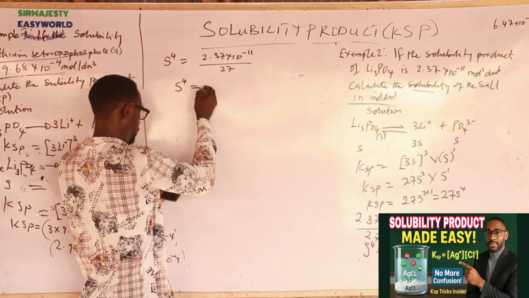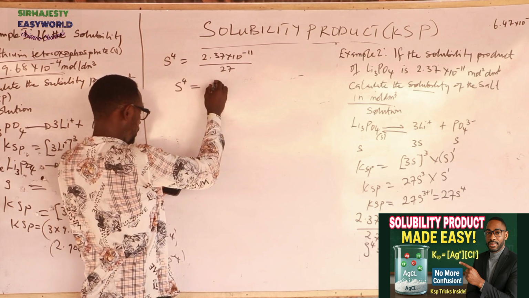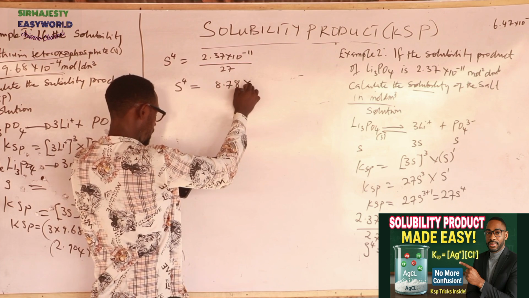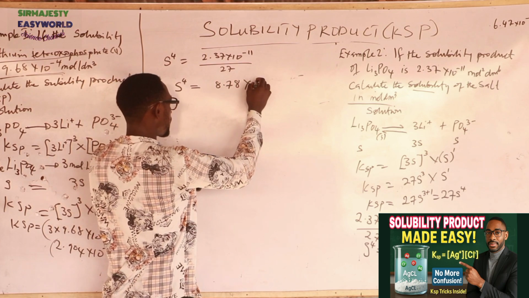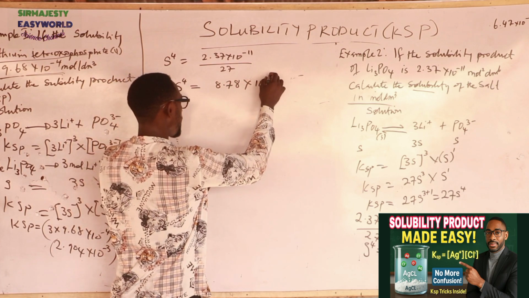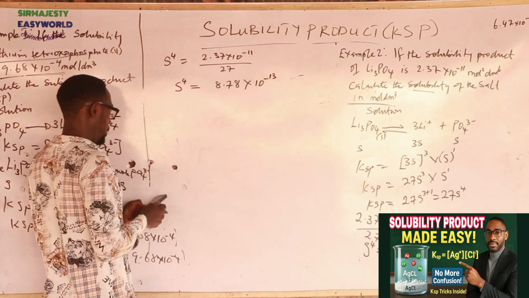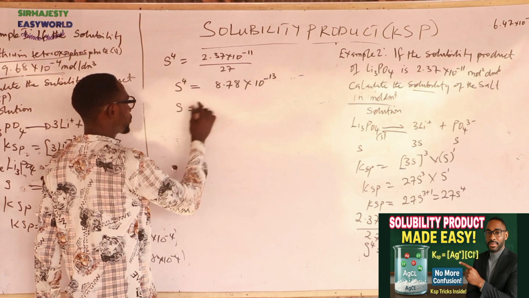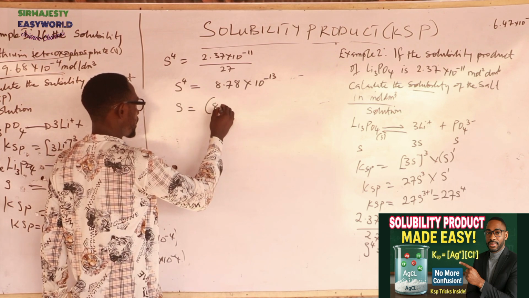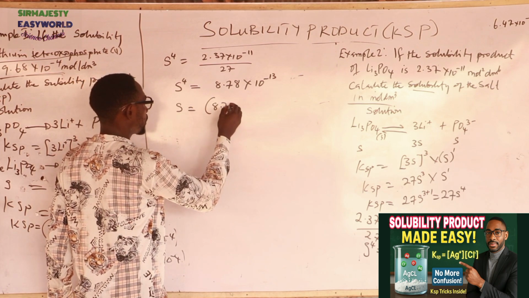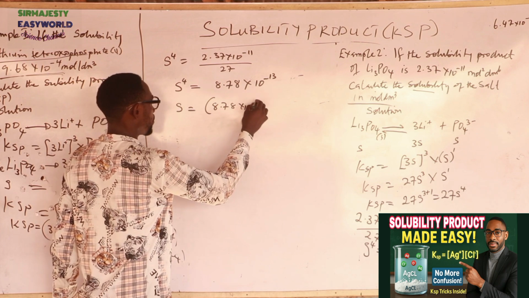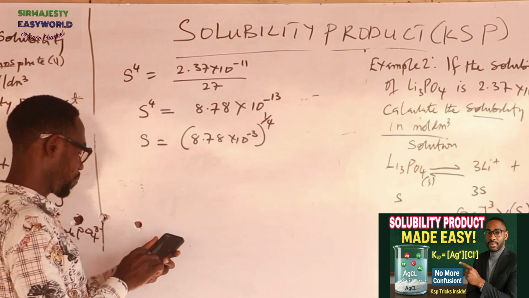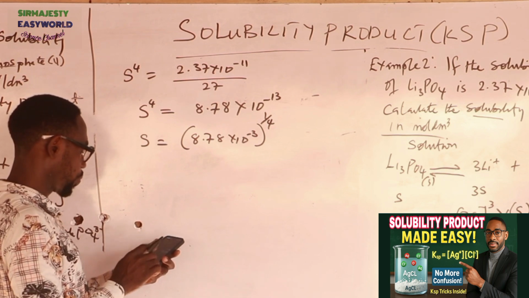The fourth root of solubility: S^4 is 8.78 on approximation times 10 raised to power minus 13. Having gotten this, to remove the fourth power, we have to raise this answer to the power of the inverse of 4, that is 8.78 times 10 raised to power minus 13, all raised to power 1 over 4. 1 over 4 should be 0.25.